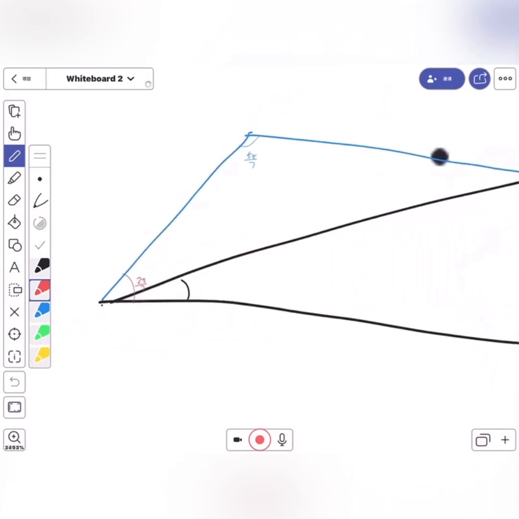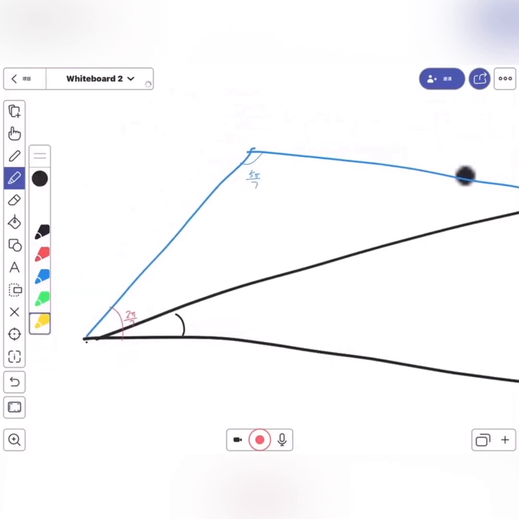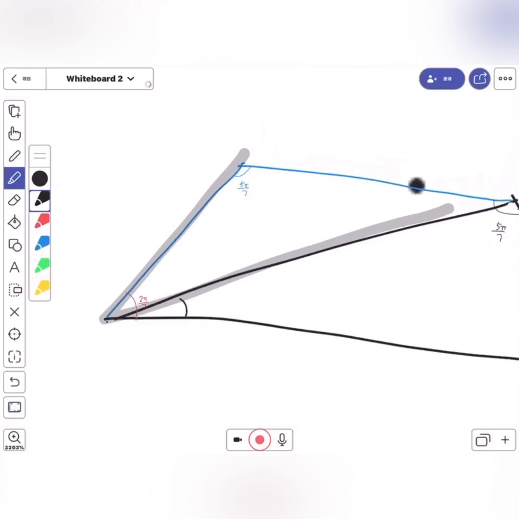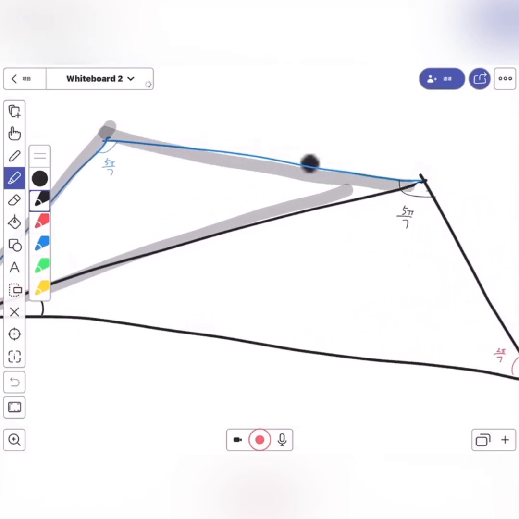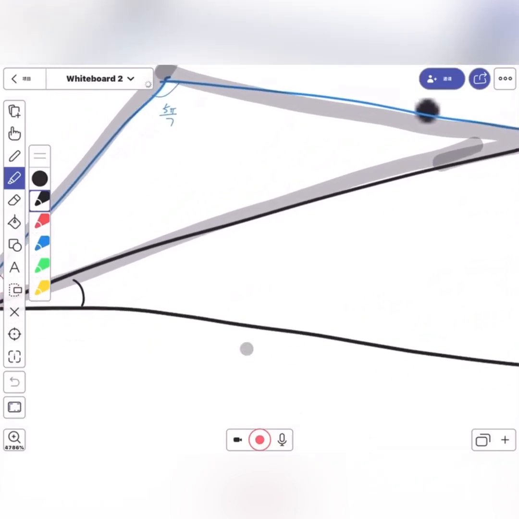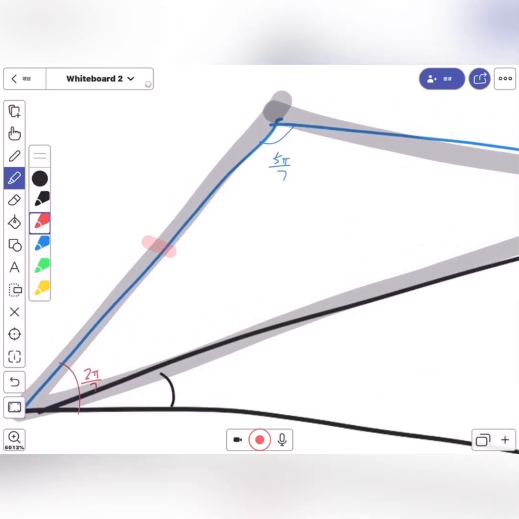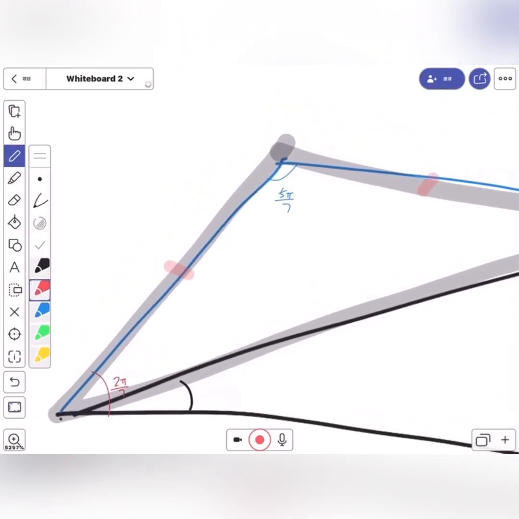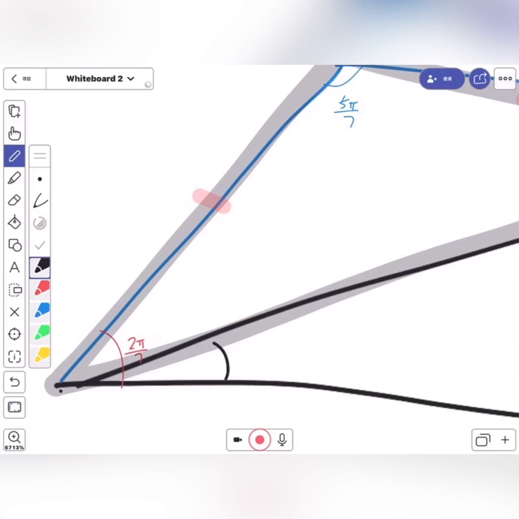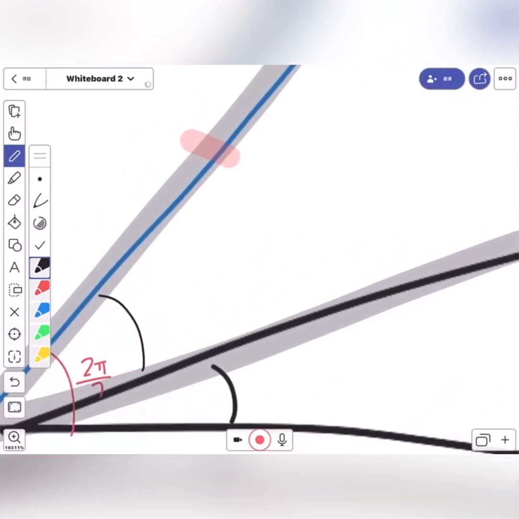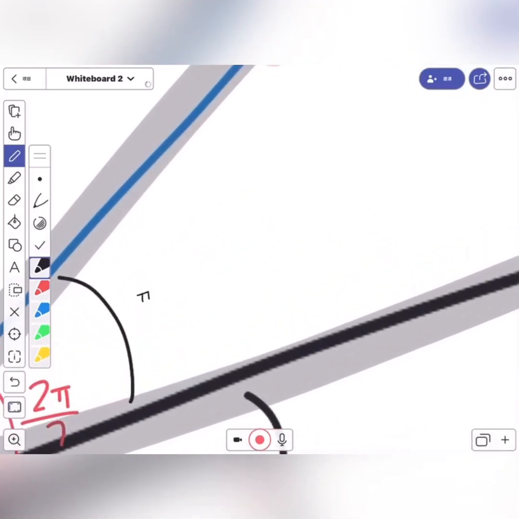Now let's just look at this triangle again. Then these lengths are the same. So therefore, this tiny angle right over here is going to be pi minus 5 pi over 7 divided by 2, which is pi over 7.